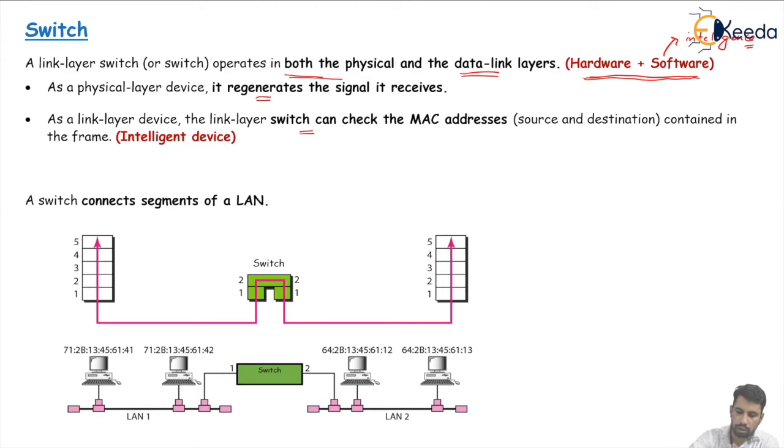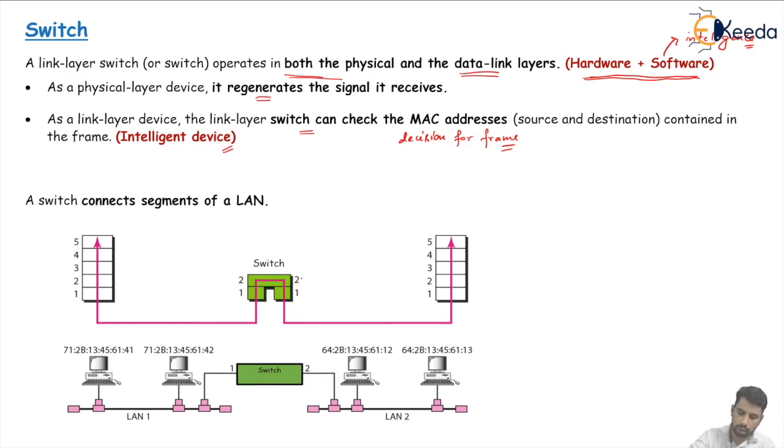This is an intelligent device having software, so it is able to take the decision for the frame: check the source address and the destination address, take a particular decision on the basis of the routing tables or lookup tables, and then forward the frame in the direction of the destination.